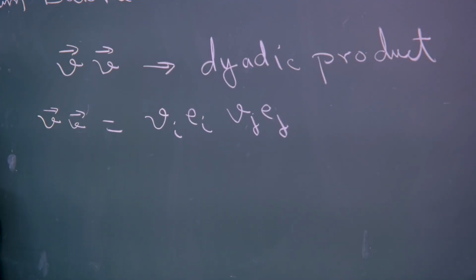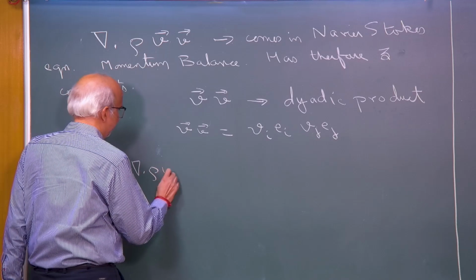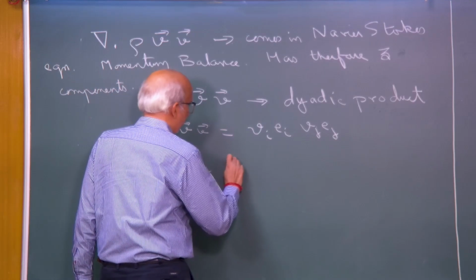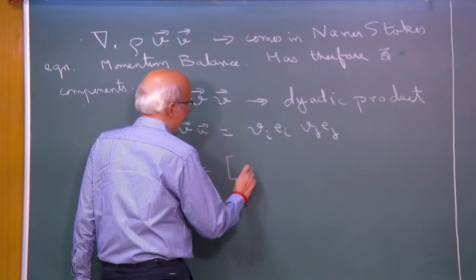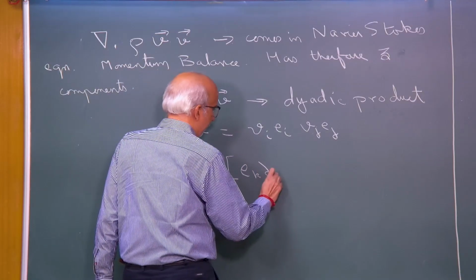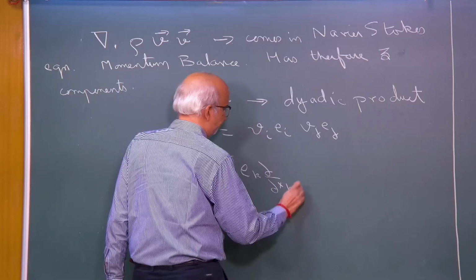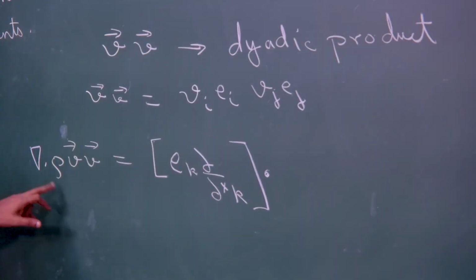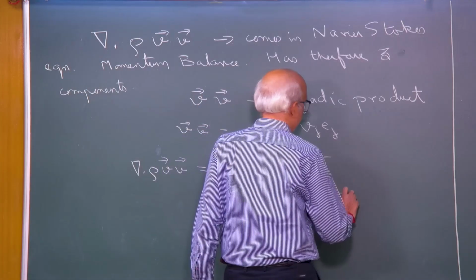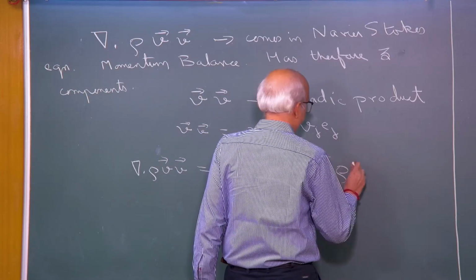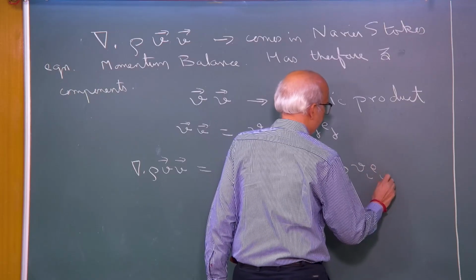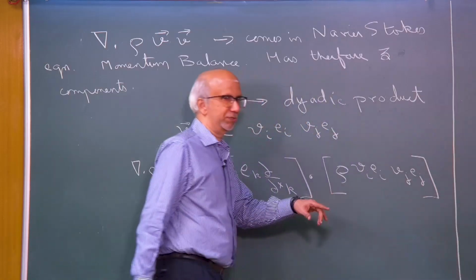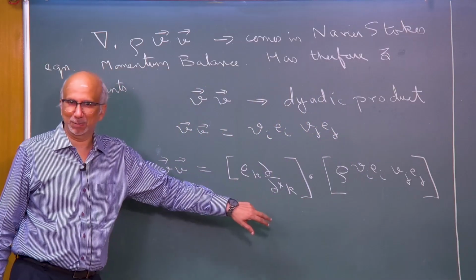And therefore, divergence of rho VV is, the divergence operator is Ek d by dxk, dotted, that is the dot product, okay, and rho is the scalar. So, rho Vi Ei Vj Ej. I may have used some other index last time, I am not sure, okay.